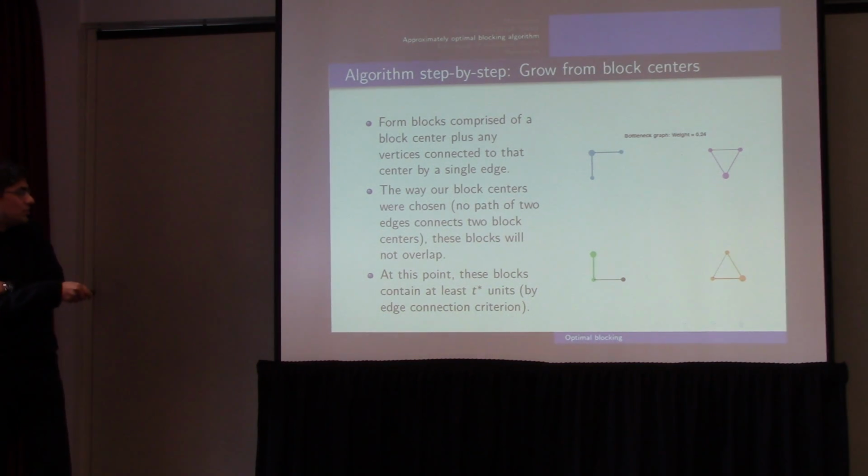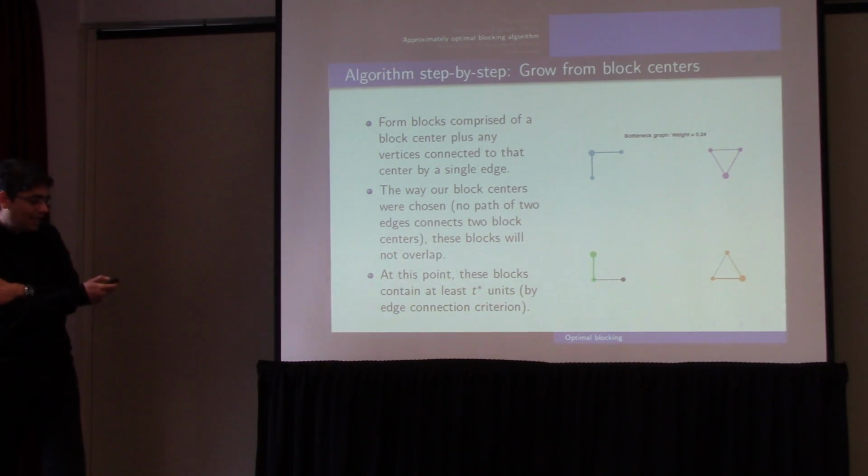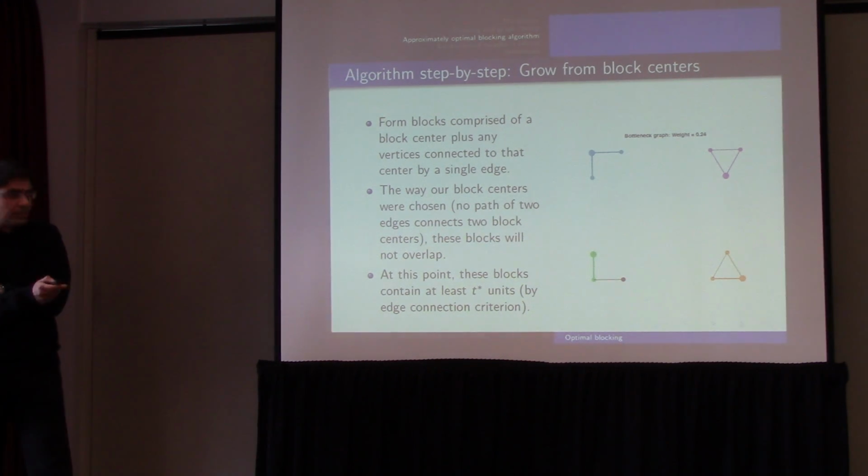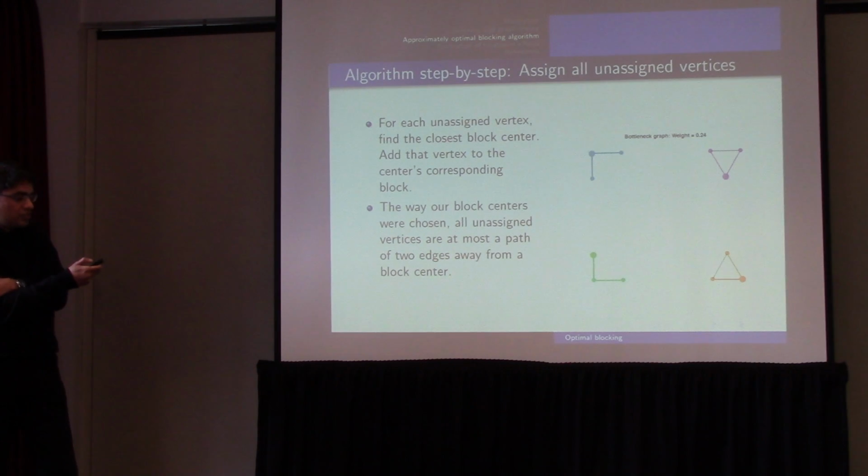So at this point, once I do this, all the blocks will have at least T star units. But I'm going to have things that are left hanging out. So I asked for a blocking of at least 2, but this third one's still hanging out there, right? So then you say, all right, for any unassigned vertex, which was this one, assign it to its closest block center. So that one then gets connected to this one, because that one's the closest block center, right?